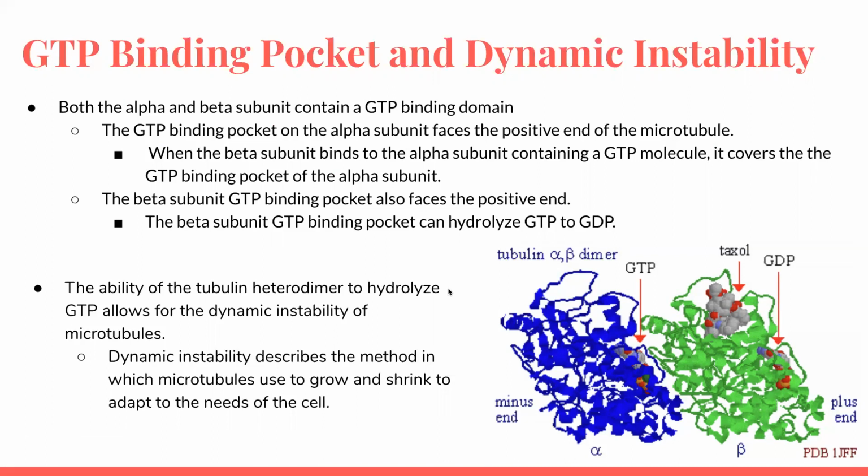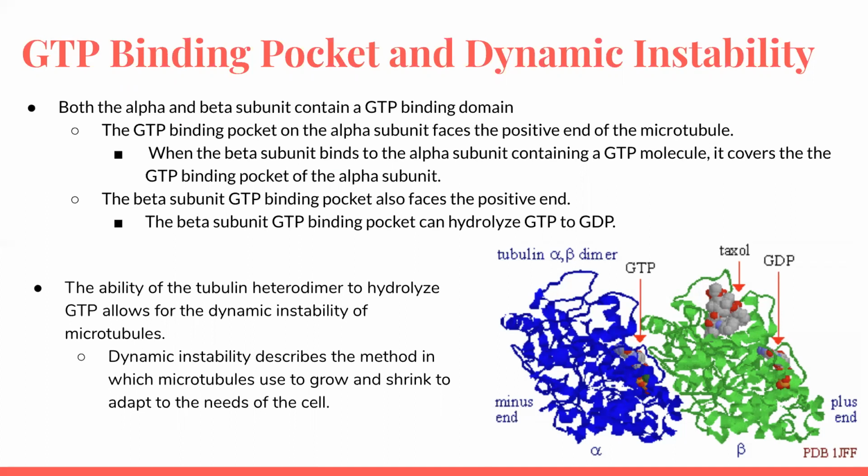And these are the subunits of the tubulin. The ability of the tubulin heterodimer to hydrolyze GTP allows for the dynamic instability of microtubules. We'll get more into the diagrams of how that happens, how they grow and fall apart.